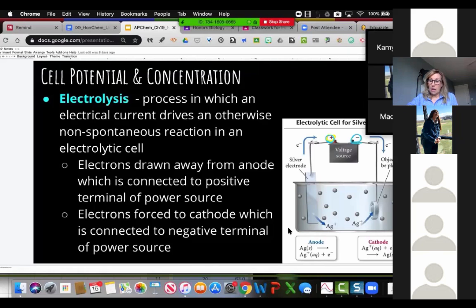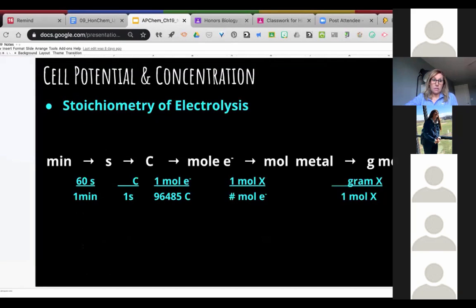Okay, so then let's look at an example of how to do this. What we're going to calculate with this is that these cells are run for a certain number of minutes. So you hook this up, and if you think about what happened in the voltaic cells where the metal was deposited on one of those electrodes, that's what's happening here, except the metal is deposited a lot of times on a piece of metal, like the jewelry or silverware you're trying to plate.